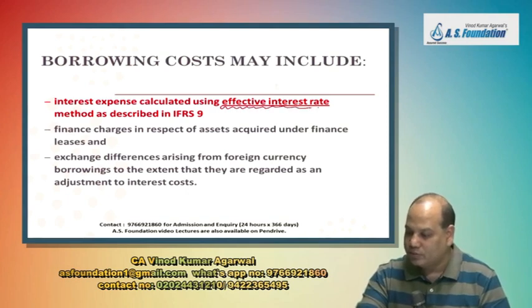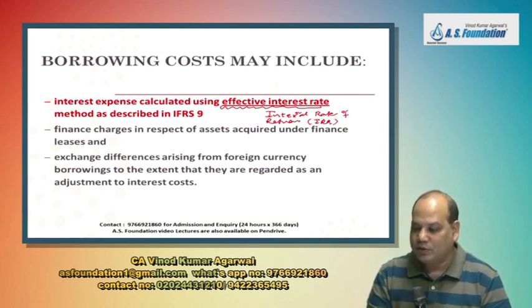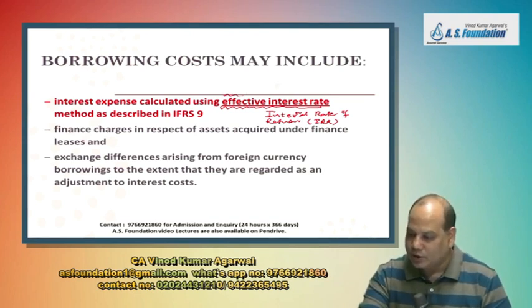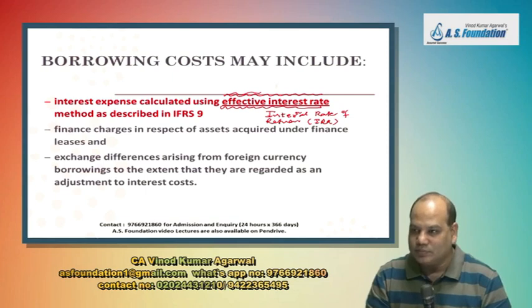In finance we call it internal rate of return, IRR. That rate of discount at which present value of cash inflow is equal to present value of cash outflow. This is the rate of return or rate of interest inbuilt into your cash flow system.